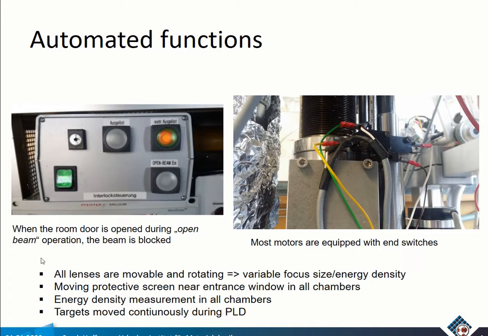We have, for example, also the lenses are all movable and they can rotate, meaning that we have variable focus sizes or energy densities. The protective screens you will see in the other video that are installed for our chambers. The energy density measurement I already mentioned, and we have an automated target movement that is continuous during the whole PLD process.